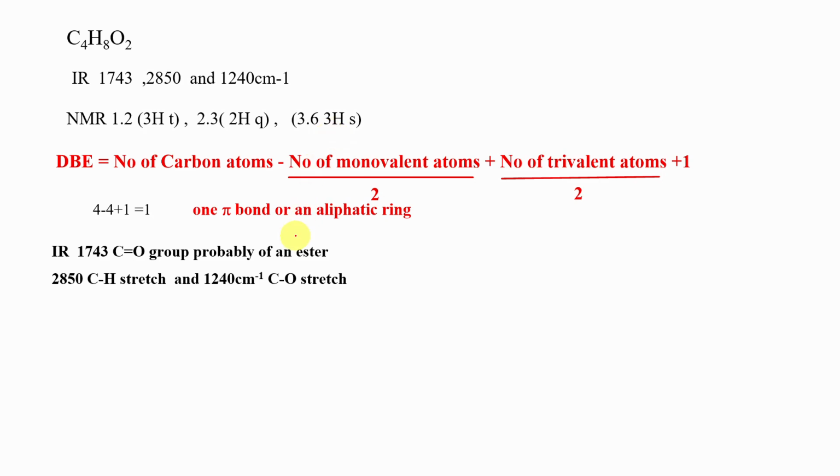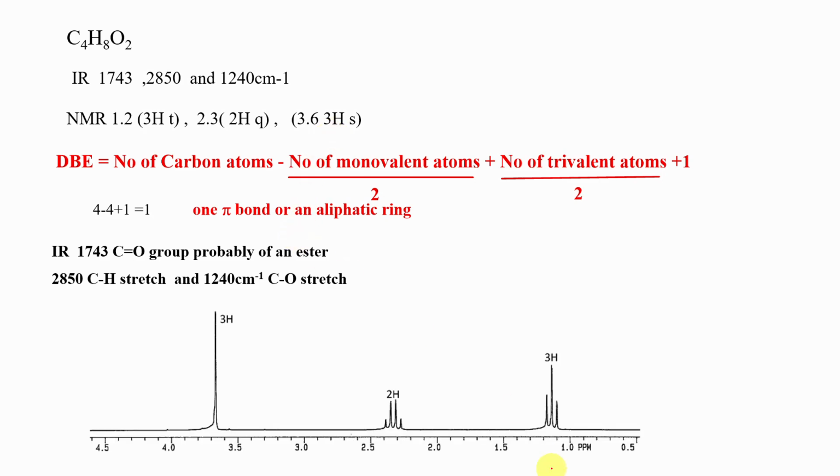You can see the NMR spectra and these signals: 3 hydrogen triplet, 2 hydrogen quartet, and 3 hydrogen singlet.